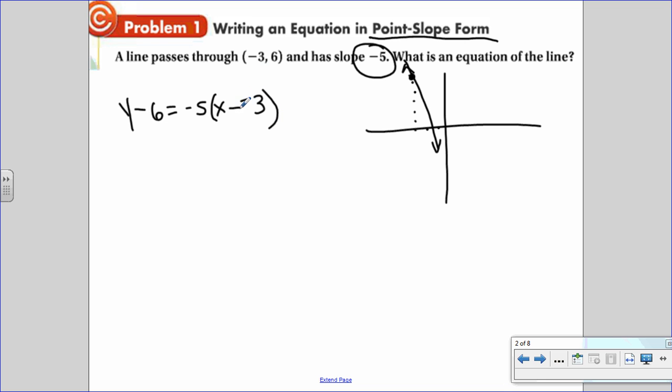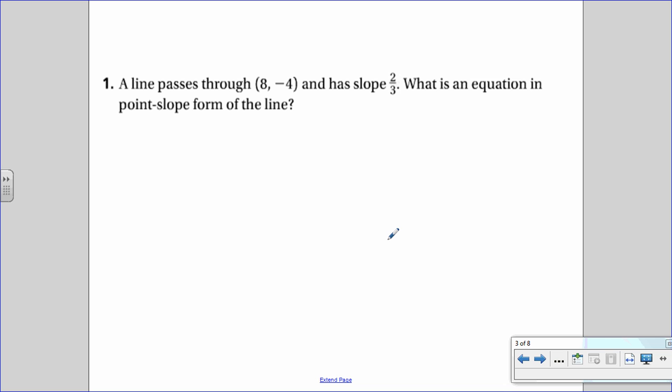Just because this is minus doesn't mean you leave the minus sign off. It's minus -3, and we know that can turn into a positive. So your final answer is y minus 6 equals -5 times (x plus 3). And that's the way that you leave it. That's point-slope form.